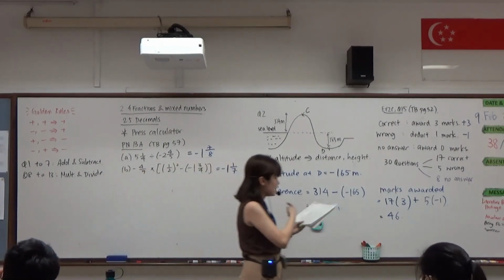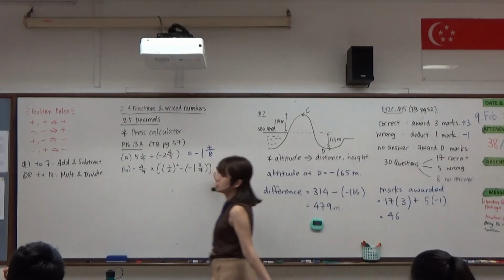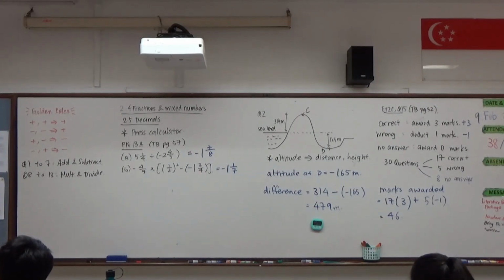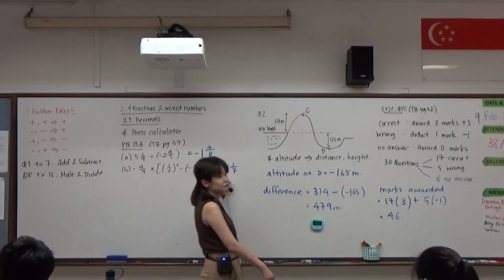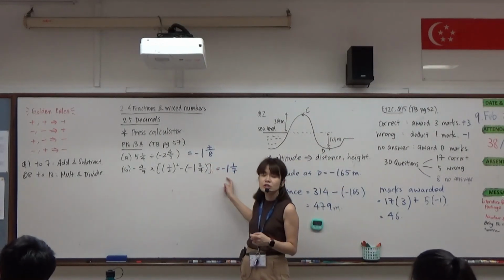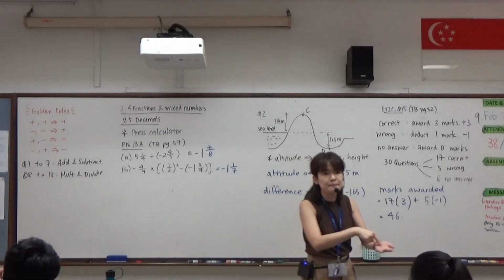Okay, this is the answer for A and B. So I want you to check. If you don't have it, try pressing your calculator again and you come around to look at what you pressed in the calculator. Maybe your calculator will show -8/7 as an improper fraction. Let's try to put our answer in mixed fraction. Do you know how to change into mixed number?